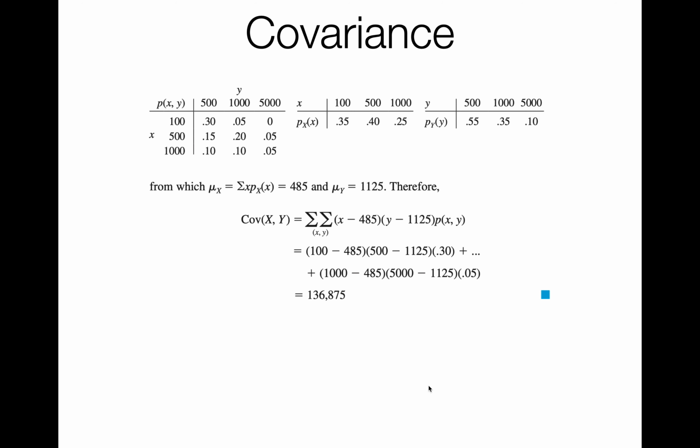136,000, only makes sense, or is only there because of the fact that the values of x and y are so large.